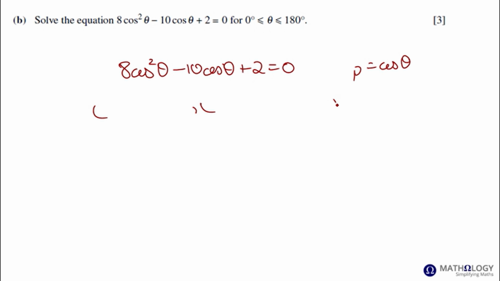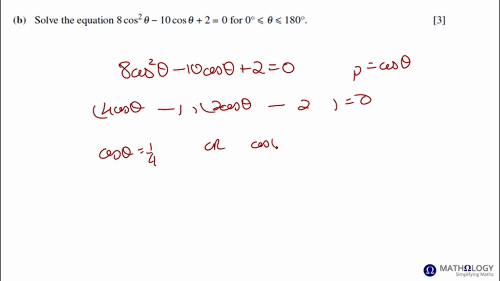You can just factorize this as it is. So cos theta equals a quarter, or cos theta equals 1. We should have actually just divided through by 2 and formed the quadratic 4 cos squared theta minus 5 cos theta plus 1 equals 0. It doesn't matter. So cos theta is a quarter, or cos theta equals 1.